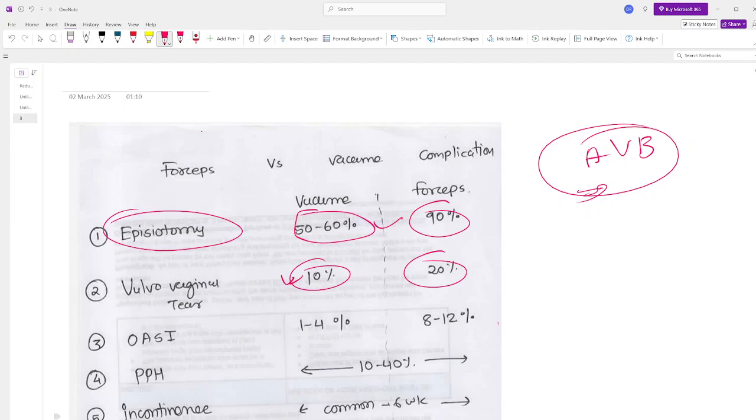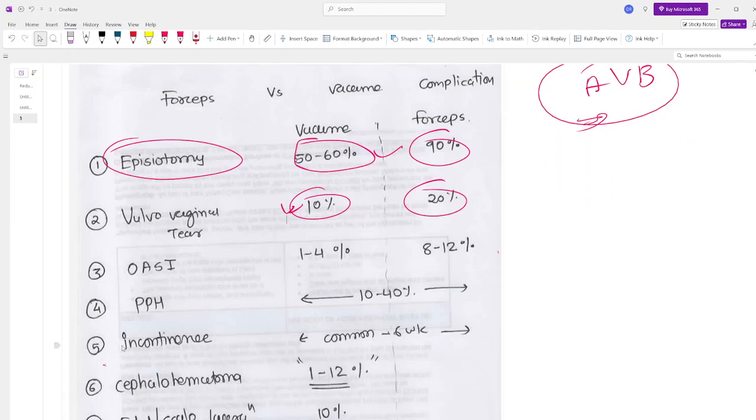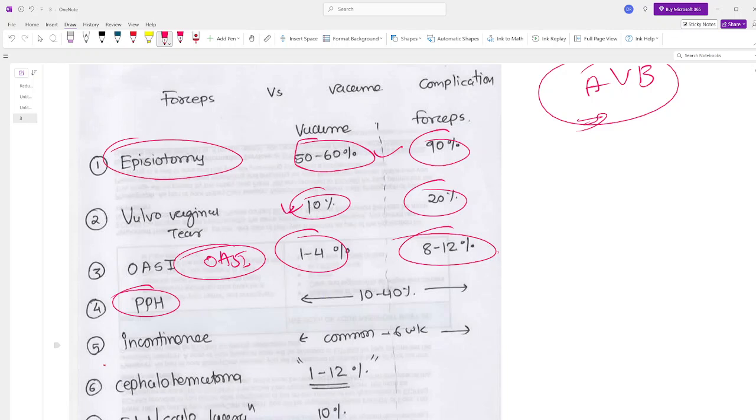Now OASI, what does that mean? OASI means obstetric anal sphincter injury, which is more common with forceps. It is 8 to 12%, but vacuum also has a 1 to 4% rate. Now comes the important part, PPH.